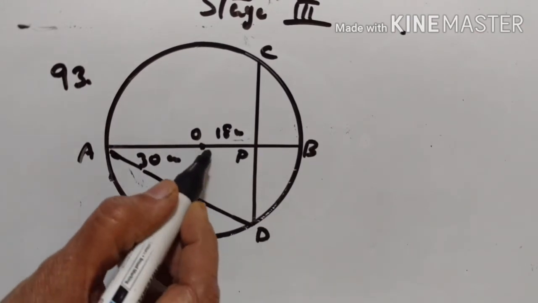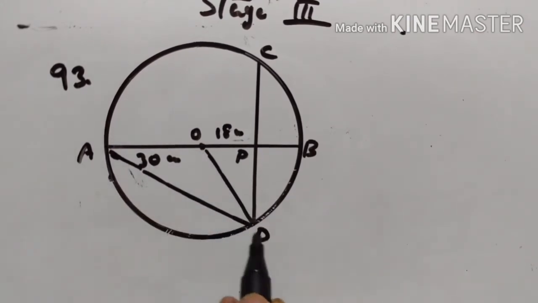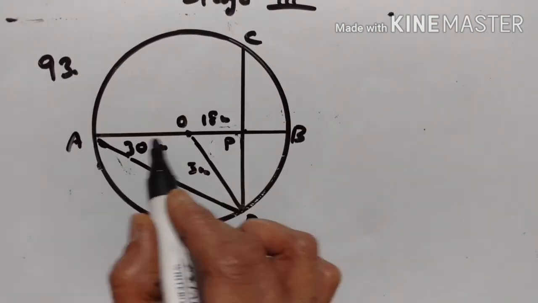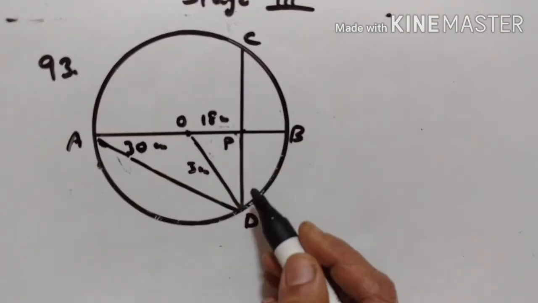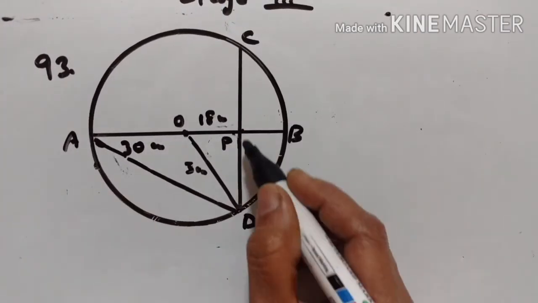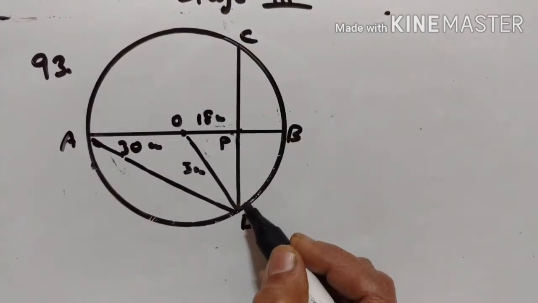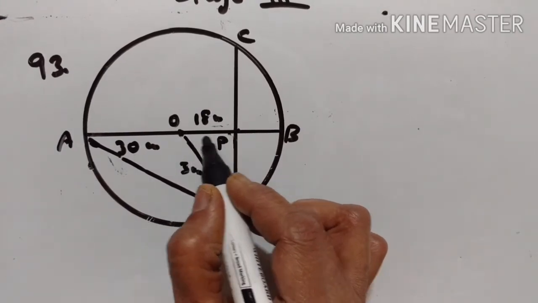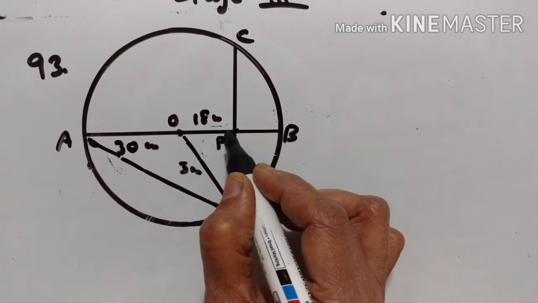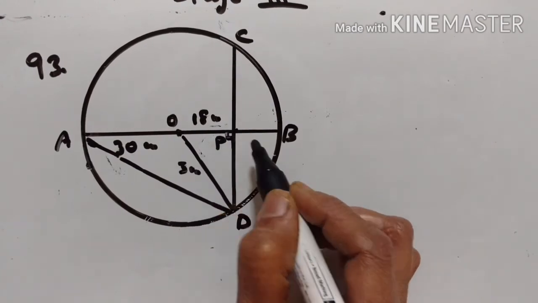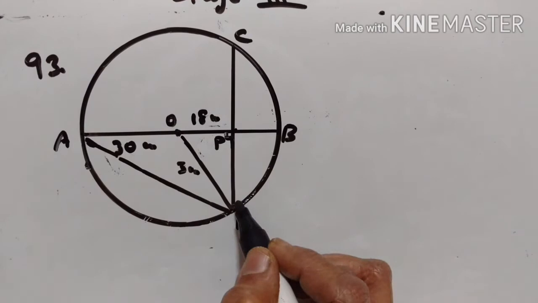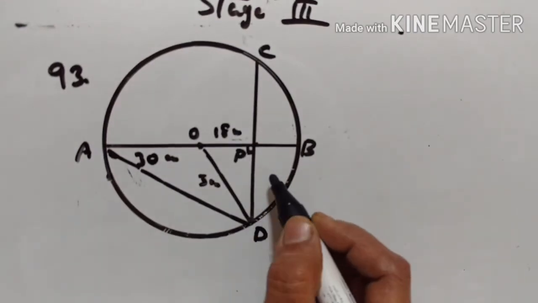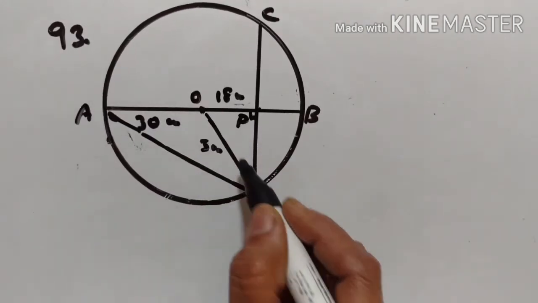Now the radius is equal to 30 centimeter. It is given that the diameter AB bisects chord CD. Therefore, P is the midpoint of CD. PD is equal to half of CD. The line from the center, the bisector, is perpendicular to the chord. Therefore, triangle OPD is a right angle triangle. We have to calculate PD now. OD is the hypotenuse.